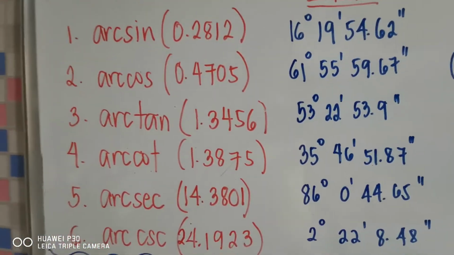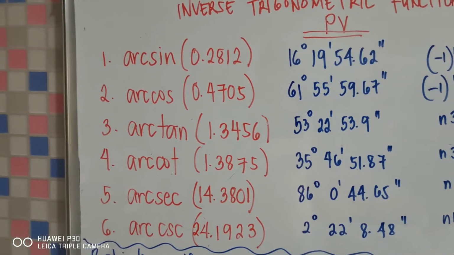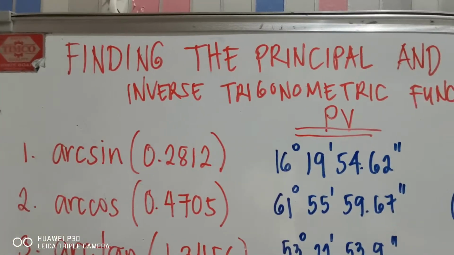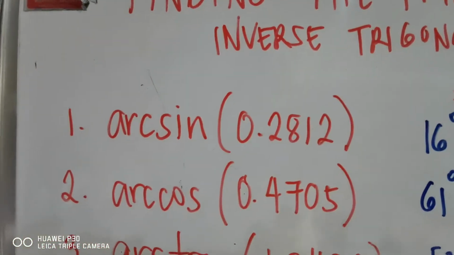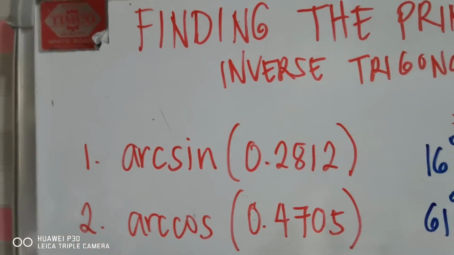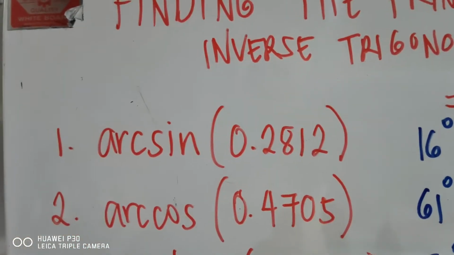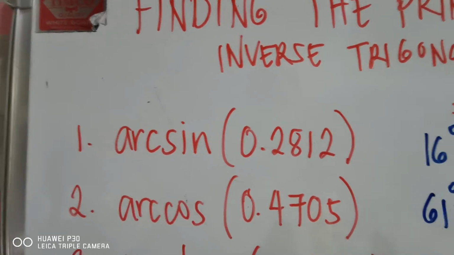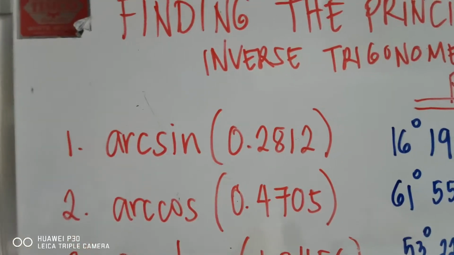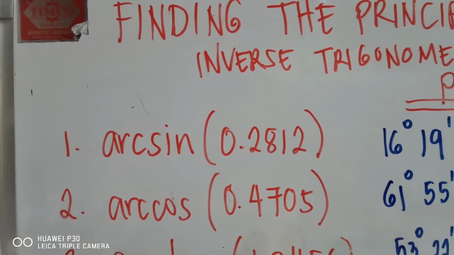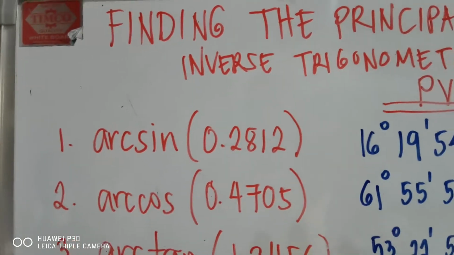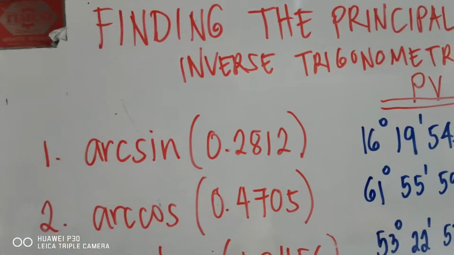So let's start now with how we are going to get the principal values. So number 1, arcsine is actually a notation of the inverse trigonometric function. Okay, so remember in our previous discussion on trigonometric functions, we write y equals sine x.